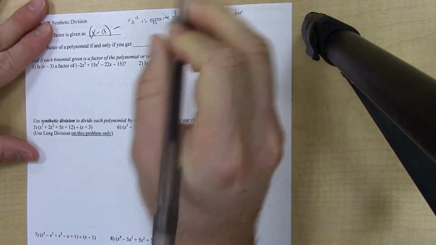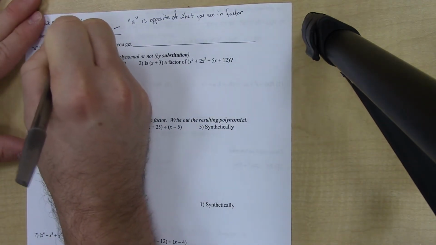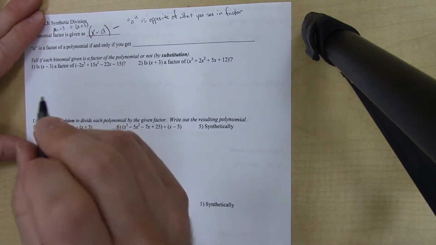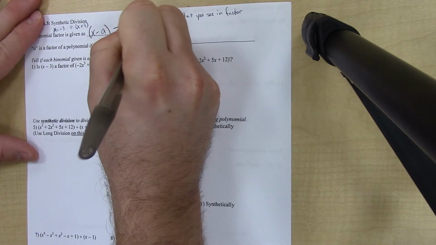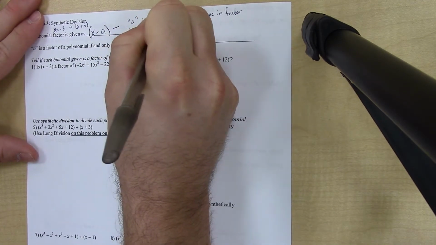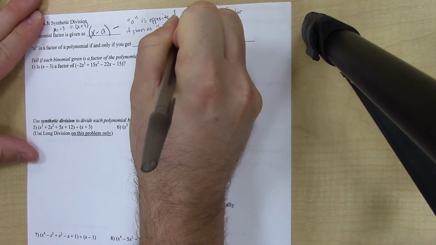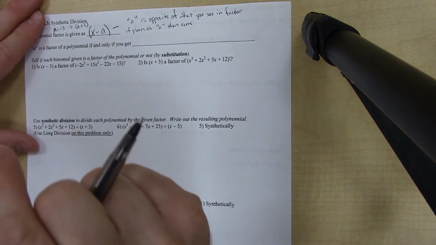In the 6.1b notes, you were given x equals negative 3, and you had to write that as x plus 3, right? x minus negative 3 gave you that. If I just give it to you as a, then it's the same. You'll see what I mean as we go through here.